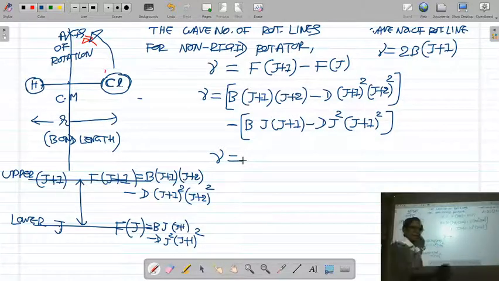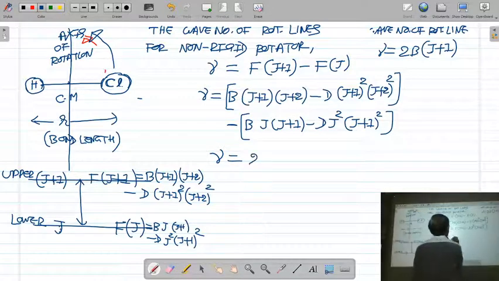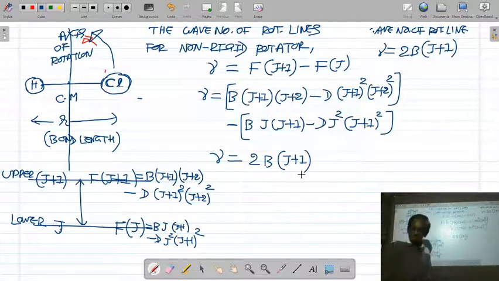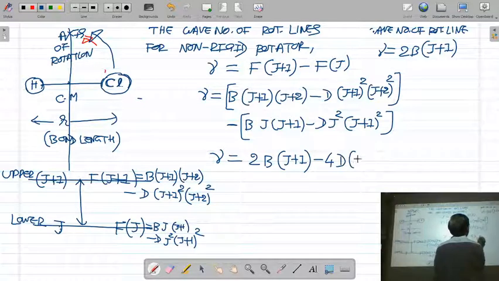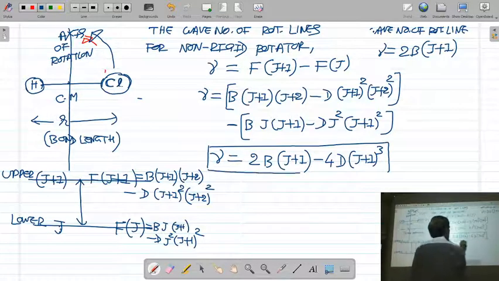This is a very simple calculation. You can do it yourself. If you do it yourself, you will find that the answer will be 2B(J+1) minus 4D(J+1)³. So this equation gives the wave number of the rotational line for the non-rigid rotator.